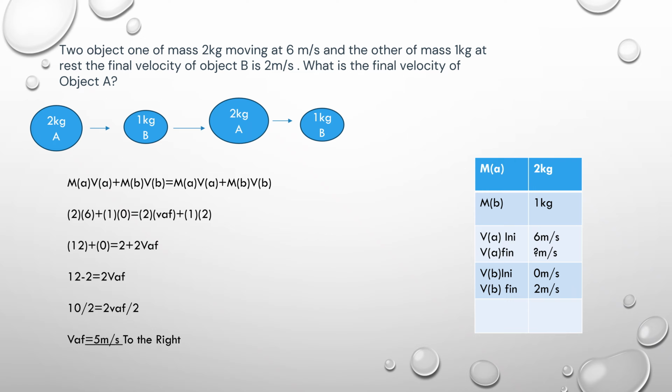So your data: mass of A 2 kg, mass of B 1 kg, initial velocity for object A is 6 meters per second, final velocity for object A we don't have, final velocity of object B is 2 meters per second, the initial velocity of B is 0.